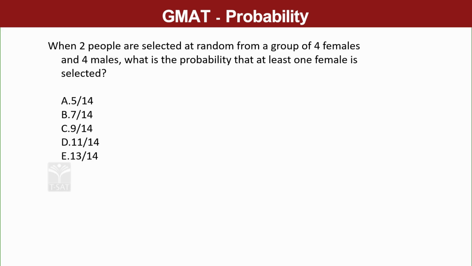Let's begin. When two people are selected at random from a group of 4 females and 4 males, what is the probability that at least one female is selected? Okay, so we are dealing with probability here. Probability is always the number of favorable outcomes divided by the total number of outcomes.